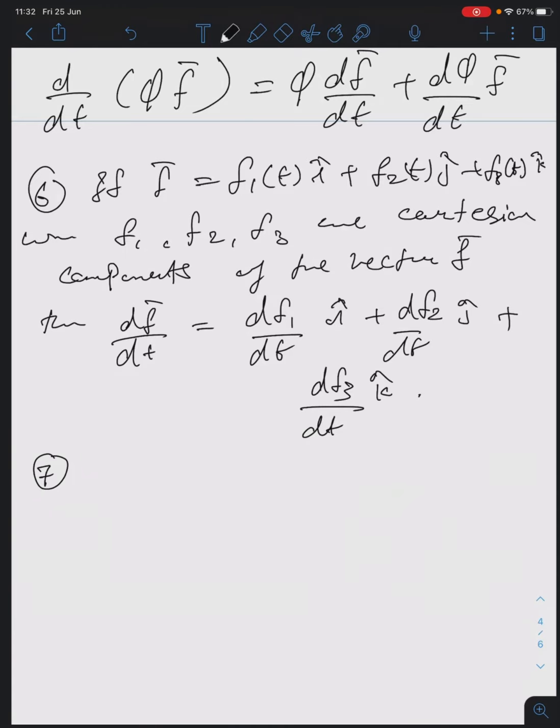Derivative 0. Derivative must be equal to 0. Good.